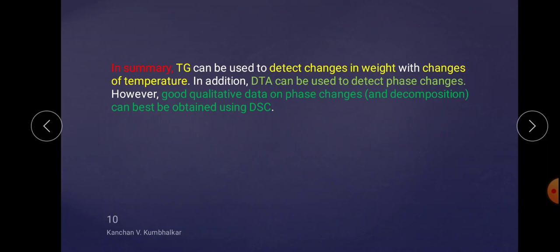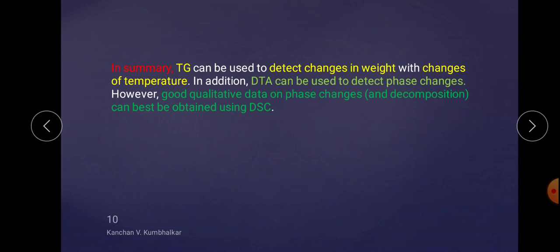DTA, which is more advanced as compared to TG, can be used to detect a phase change. In that case, we can observe, for example with sulfur under the DTA curve, a rhombic crystal converting into a monoclinic crystal, then a solid converting into liquid, and liquid converting into gas.